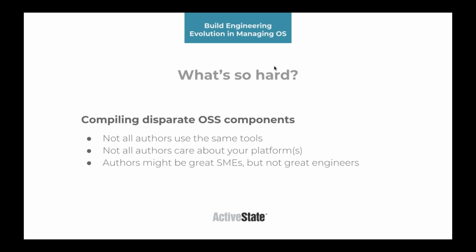They have a set of operating systems and hardware that they particularly care about, and they may not care about what you're building on. And authors might be great subject matter experts, but not all of them are great engineers. I mean, we find this with some of the data science packages, in that the software isn't necessarily great, but it encapsulates dealing with the problems very well.